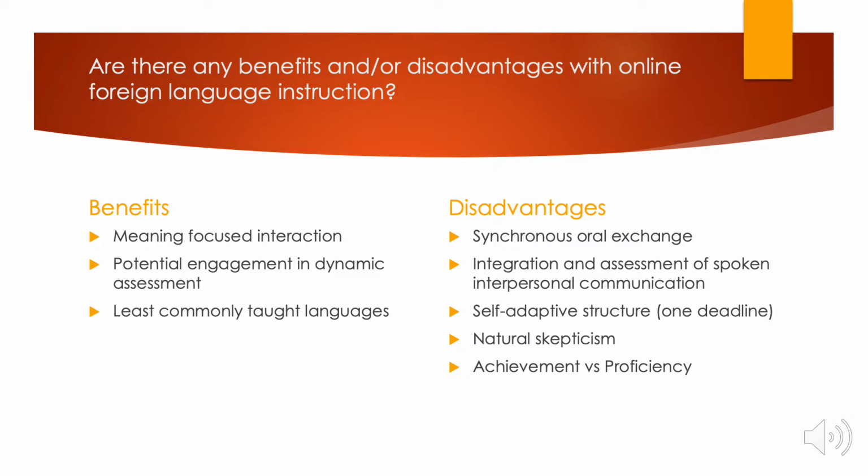That said, one of the disadvantages with this is the synchronous oral exchange and the integration and assessment of spoken interpersonal communication. When it comes to synchronous oral exchange, as Rubio also mentions, the effectiveness of voice over IP technologies is still not as nimble as F2F communication and often hinges on computer processor speed and internet bandwidth, and they often suffer from latency issues that affect the quality of interaction.